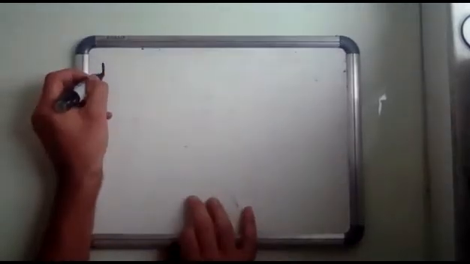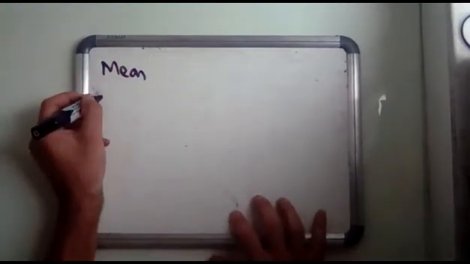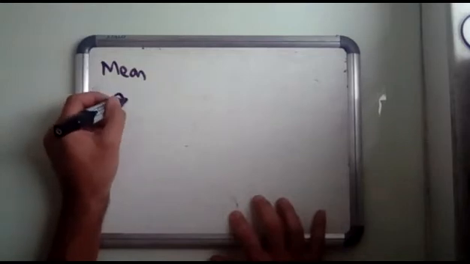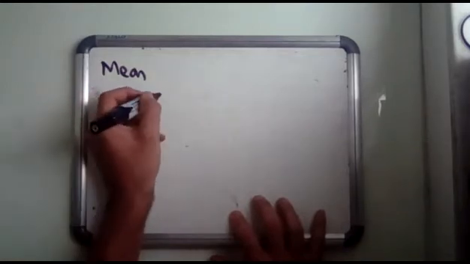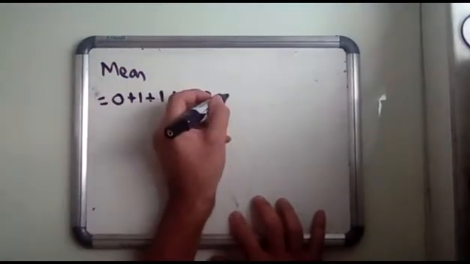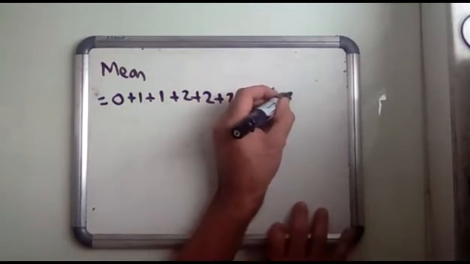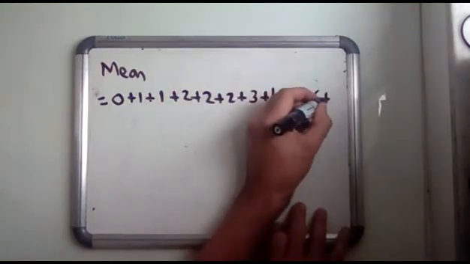And finally, for the mean, as I'm sure you already know this, you just add all the numbers. It's the total number of pencils divided by the total number of people. So you need to add all the numbers up. So 0 plus 1 plus 1 plus 2 plus 2 plus 2 plus 3 plus 4 plus 5 plus 6 plus 7.